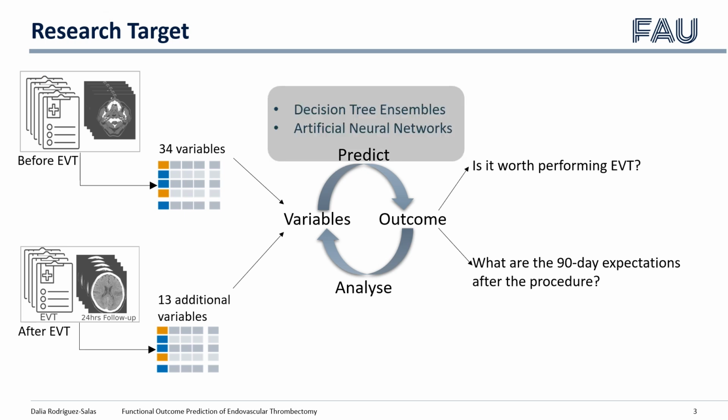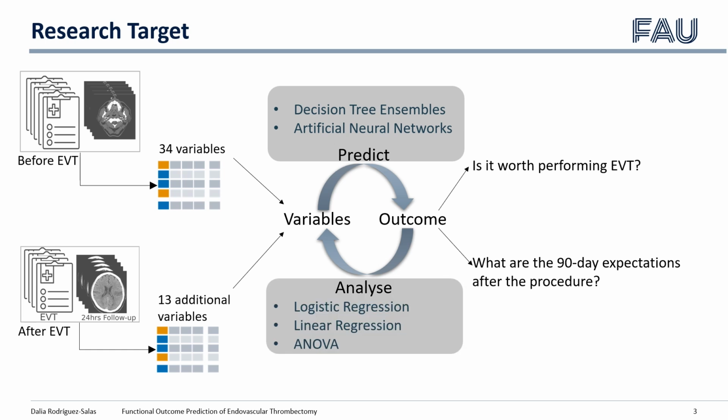Related works commonly utilize decision tree ensembles and artificial neural networks for predictions. However, these methods are not naturally suited for variable analysis and often require additional techniques. Tree ensembles, in particular, can be biased towards variables with high cardinality, necessitating careful handling.